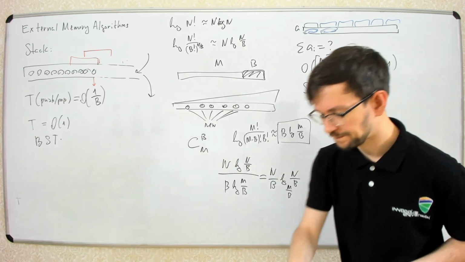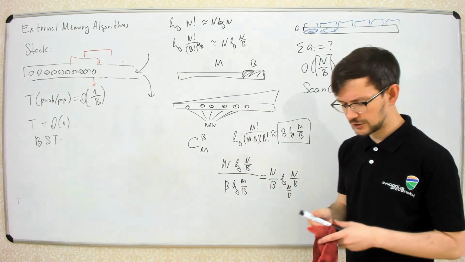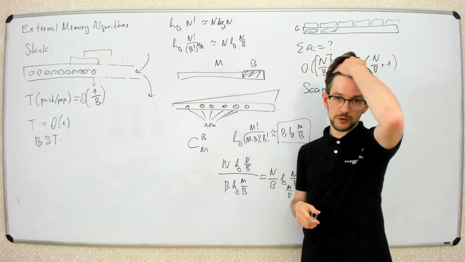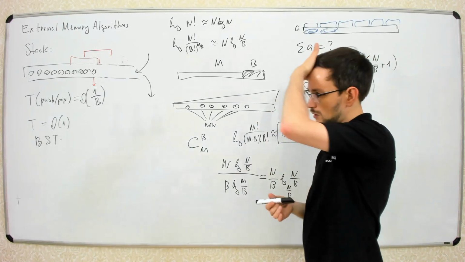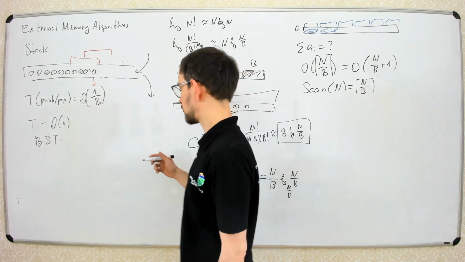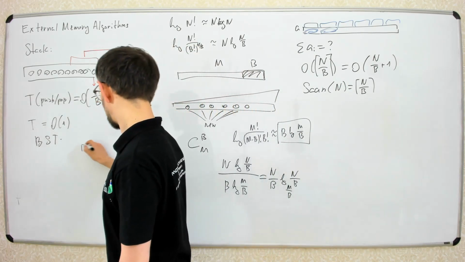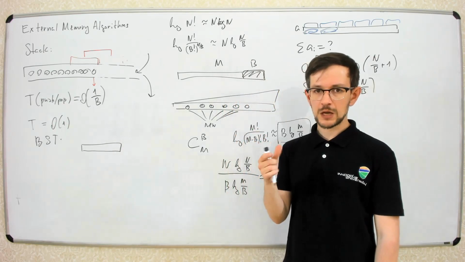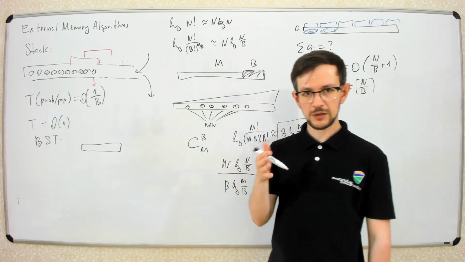Now, let's move to the binary search trees. The optimal binary search tree for the external memory model is the B tree. A B tree is the following structure. A B tree has nodes. Each node of the B tree maintains about B elements.